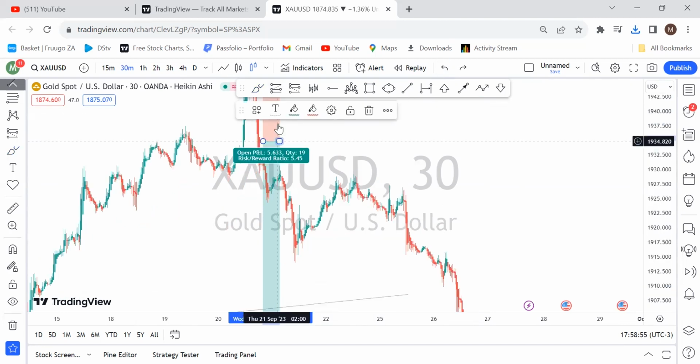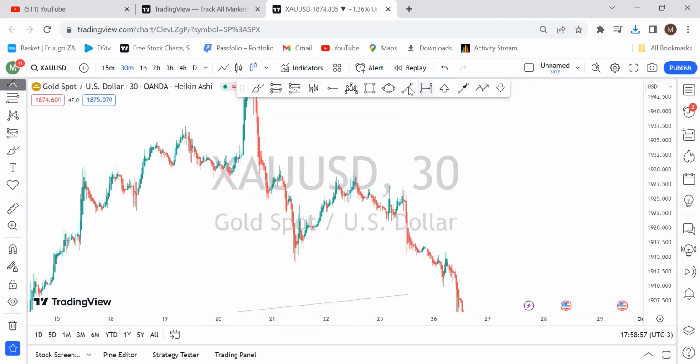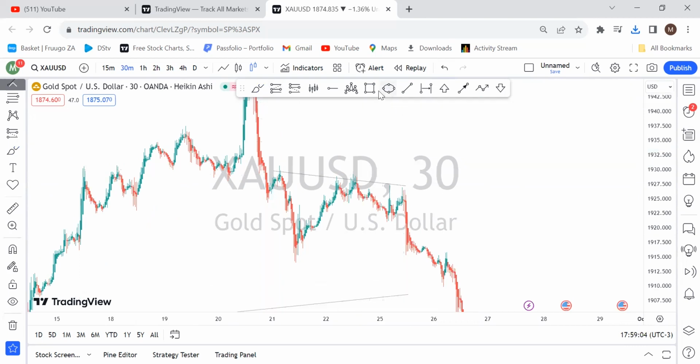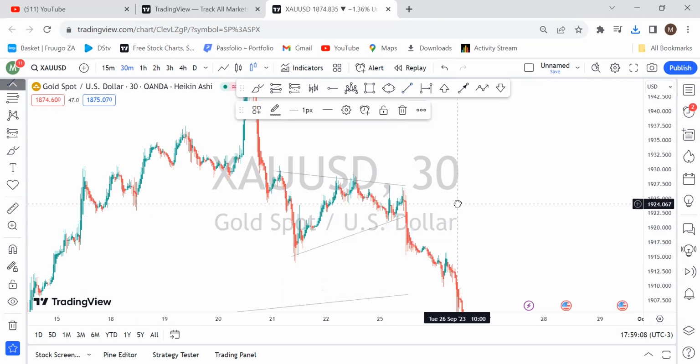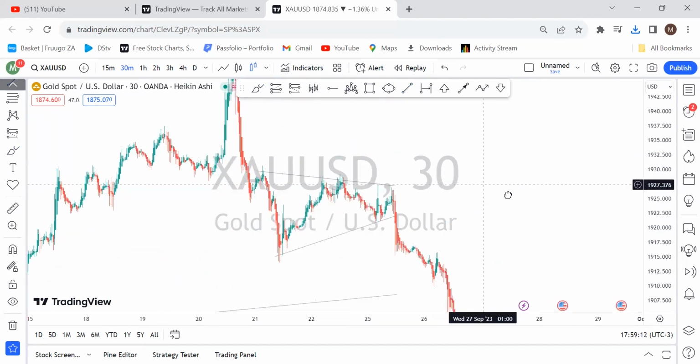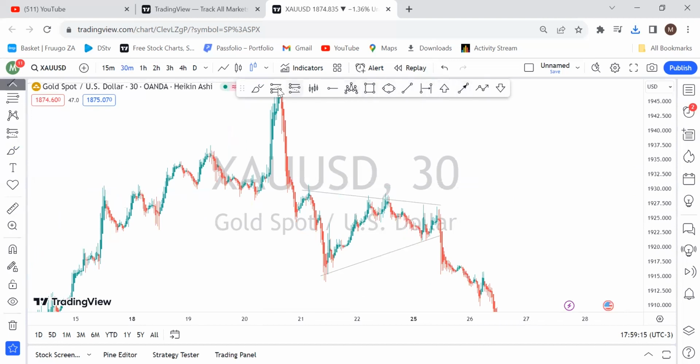So how could you have drawn the parameters of the correction? Take your resistance, connect all those touches, and you can also do the support as well, but we focus more on the resistance in the case of a sell. Count the number of touches that we have.